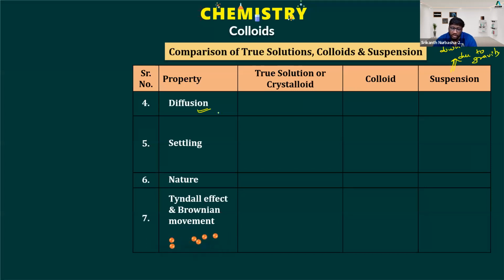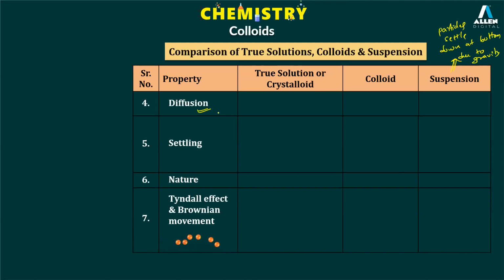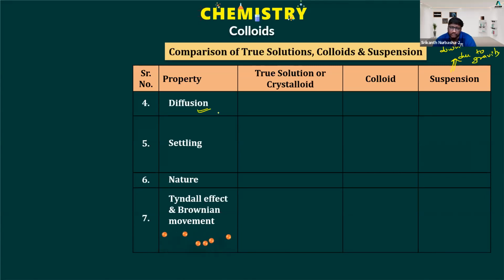True solution is homogeneous or heterogeneous? Homogeneous. What about colloidal solution? True solution we have defined it. We have studied solutions. Solution is a homogeneous mixture of two or more components whose composition can be varied up to certain limits. If you go with the colloids and suspension, they are heterogeneous.